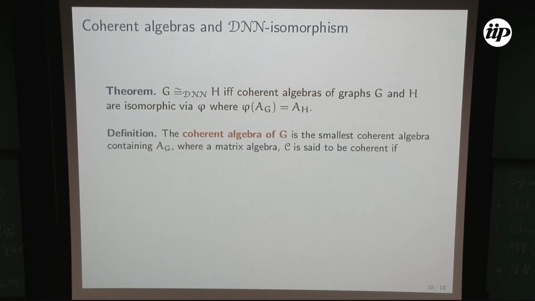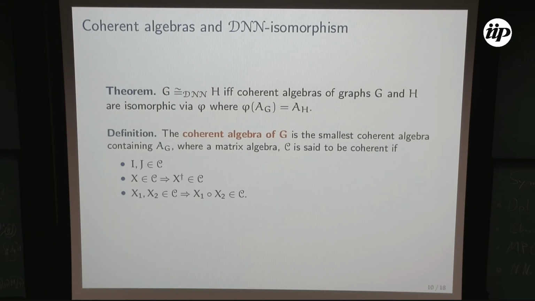An algebra is coherent. First of all, it's a matrix algebra, so you can multiply matrices, take linear combinations, and all that. But for it to be coherent, you need to satisfy the following conditions. First, the identity matrix and the all-ones matrix, which I'm calling J, are in your algebra.